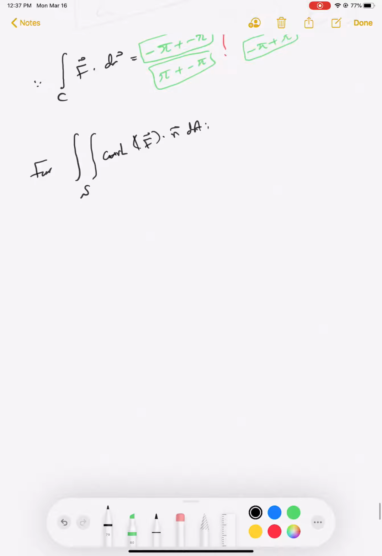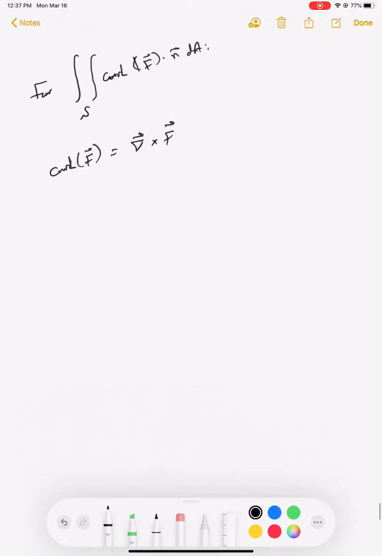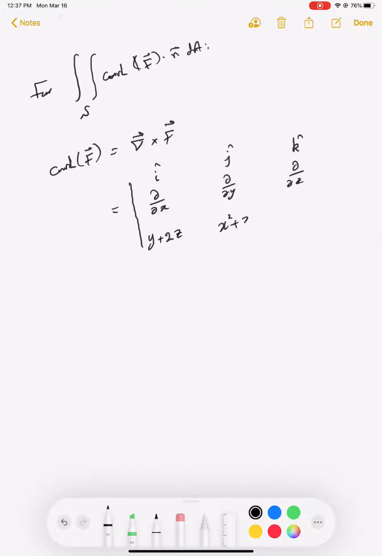Of course, we need to find the curl. Remember, the curl is nabla cross F, which is the determinant with i, j, k, d by dx, d by dy, d by dz. The F components are y plus 2z, x squared plus z, y cubed.